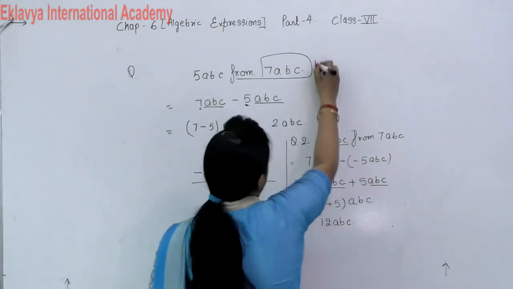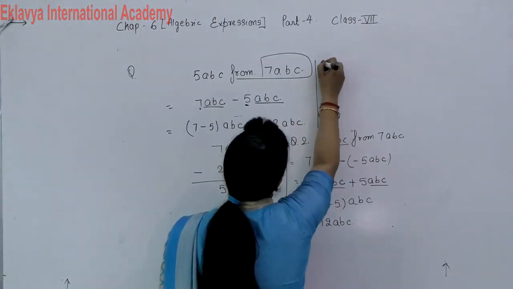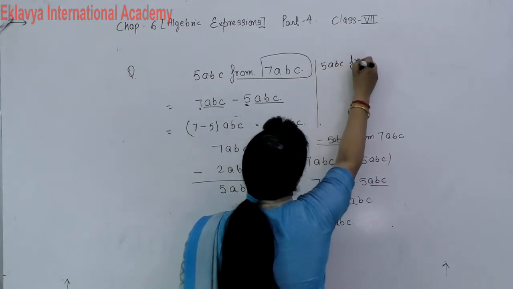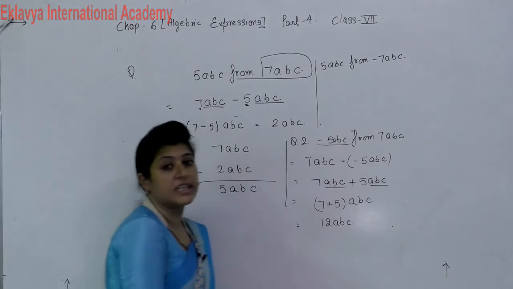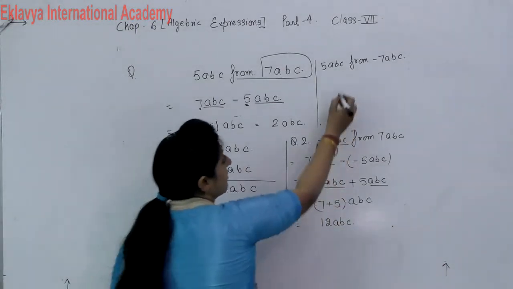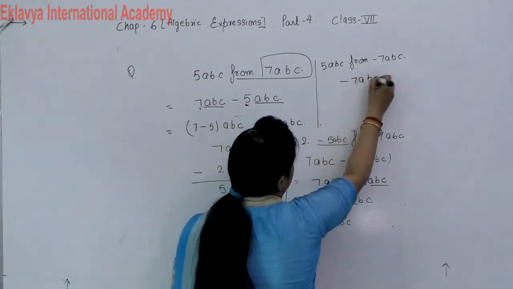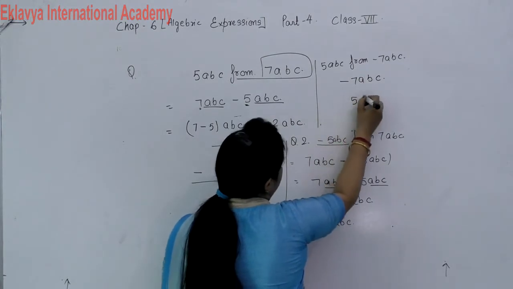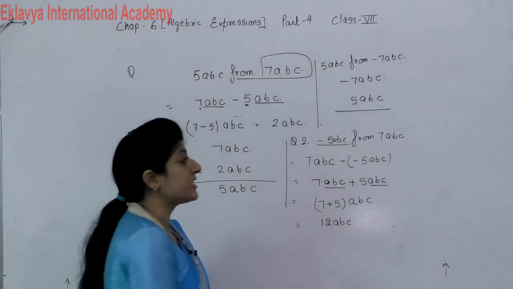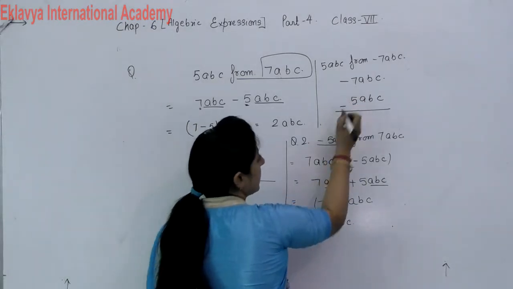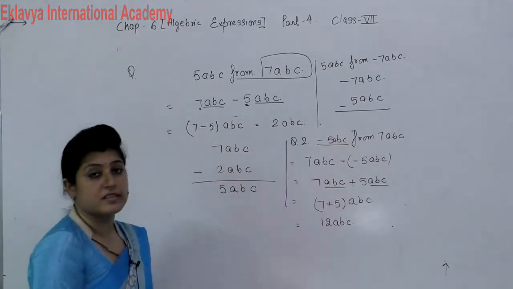Suppose I take it like this: subtract 5abc from minus 7abc. In this case what will we do? Firstly we write down minus 7abc, then 5abc. We want to subtract, which means we will change the sign. This is plus and here we will take minus.